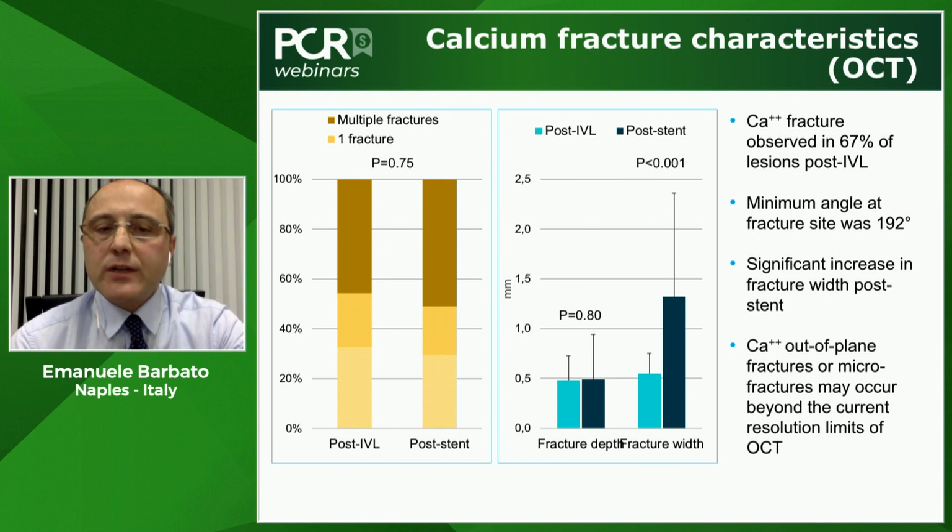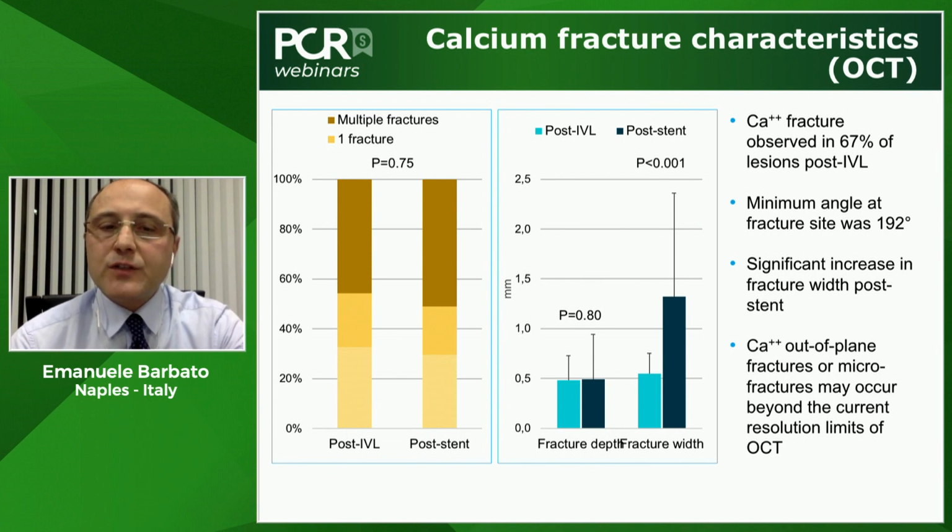These fractures mostly consisted of multiple fractures. The rate of fractures further increased after stent implantation, especially by increasing the fracture width. You see that on the right of the slide.